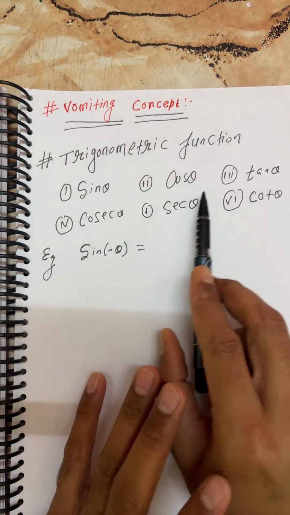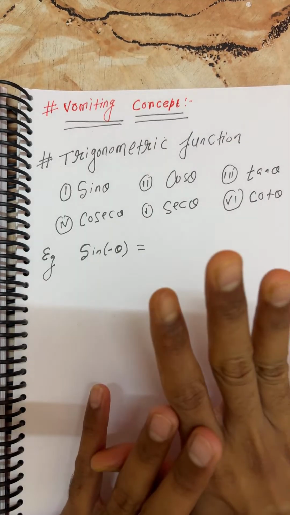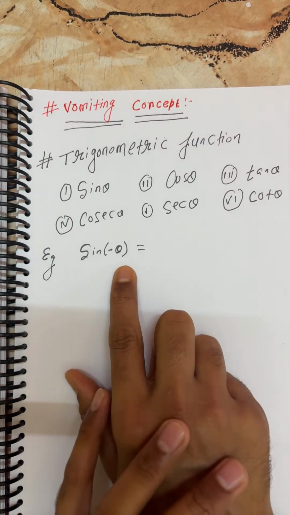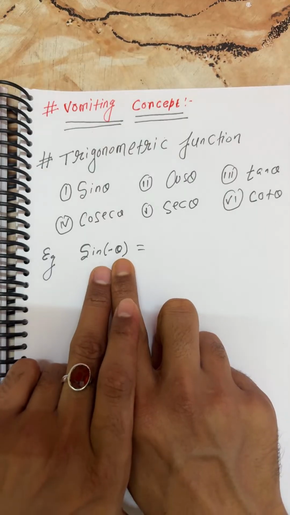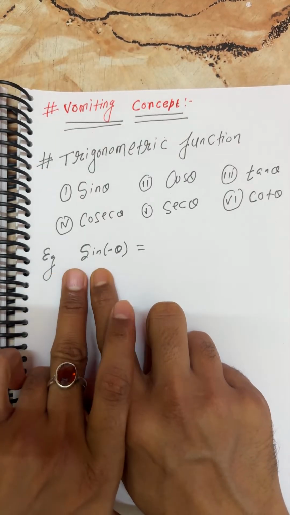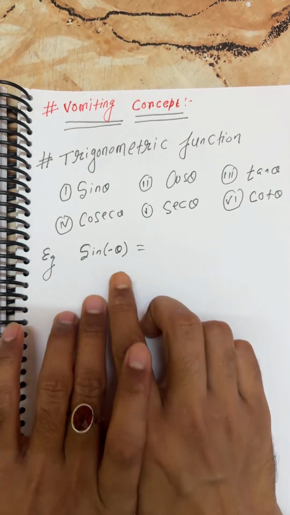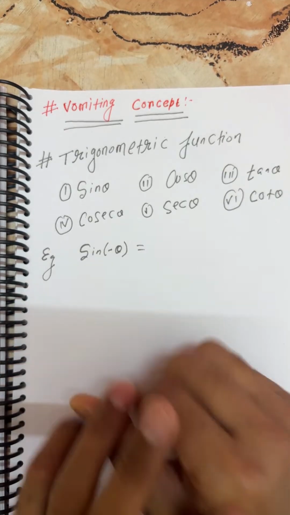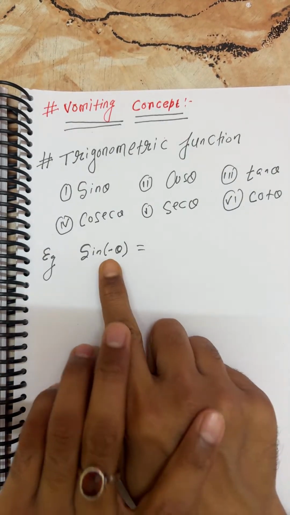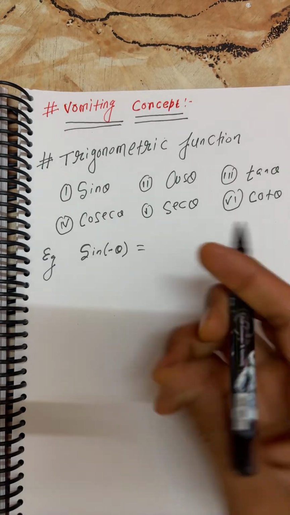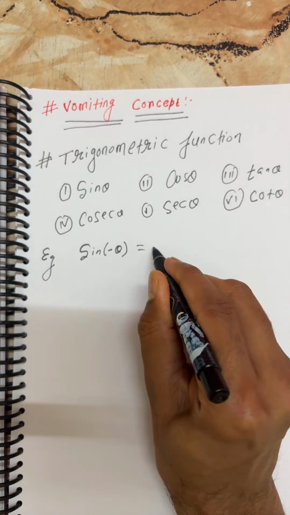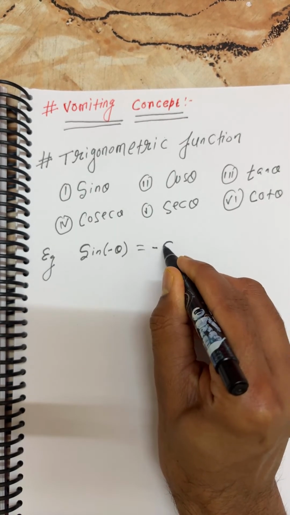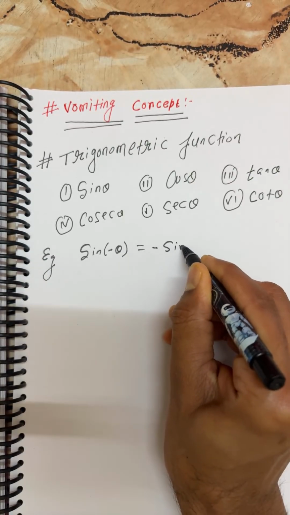We have six trigonometric functions. In these, for a few functions the minus will come out, for a few it will not. Sine theta will do vomiting, so this minus will come out: sine of minus theta is minus sine theta.